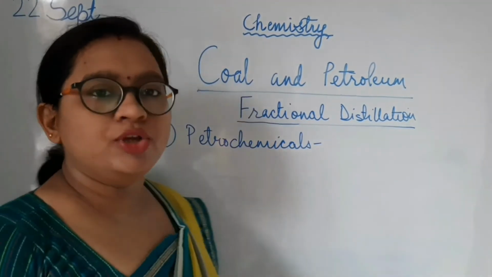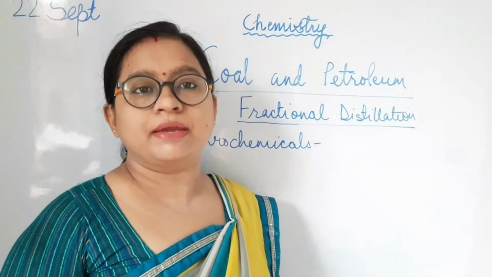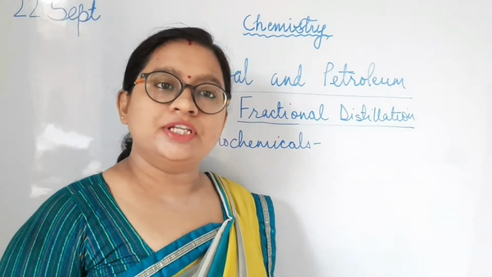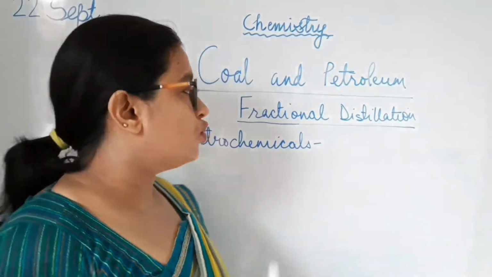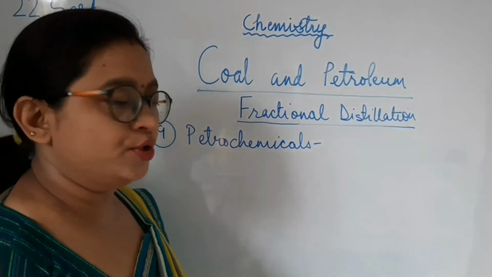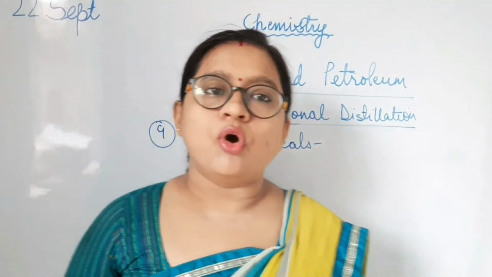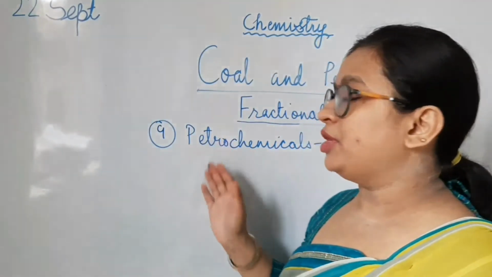Now by the term only you can understand that these are the chemicals or the organic compounds which are formed after the distillation of petroleum. So what are the compounds included in it? Like ethyl alcohol, methyl alcohol, benzene, all are included in the petrochemicals.